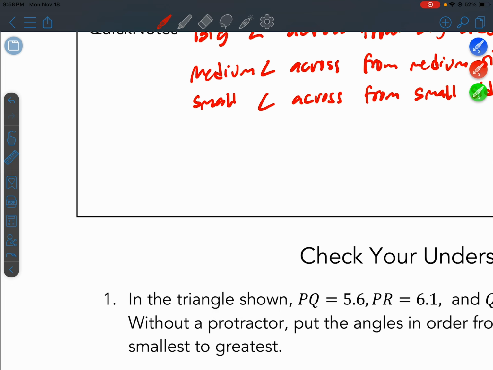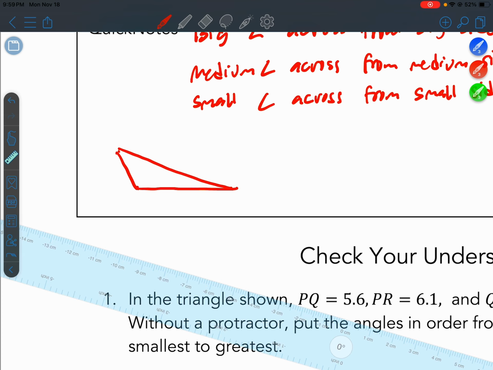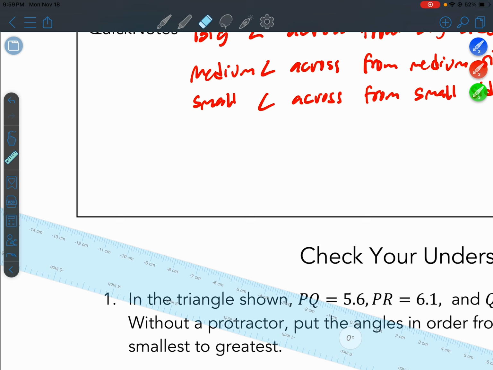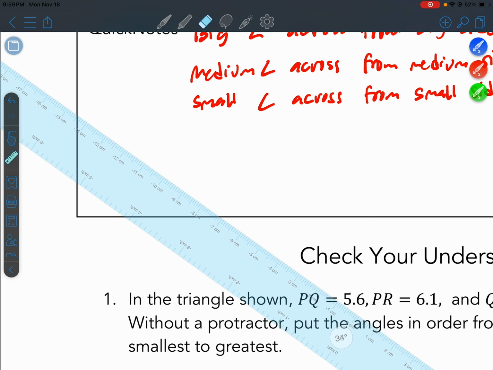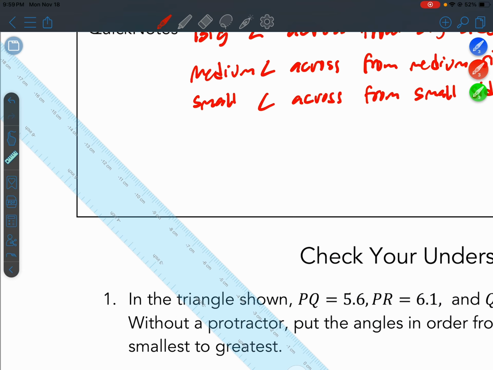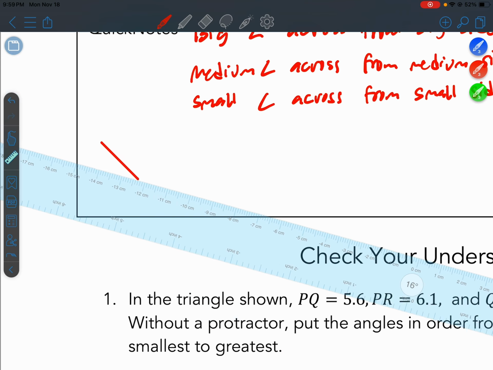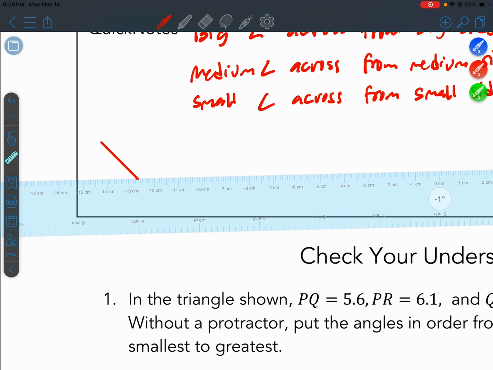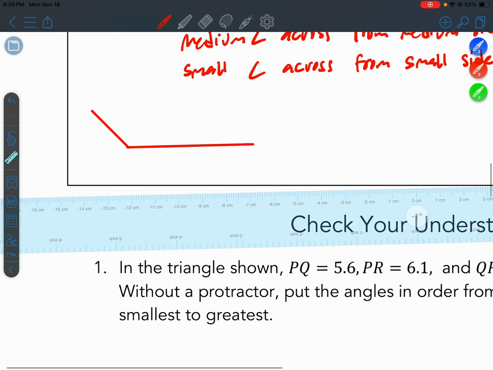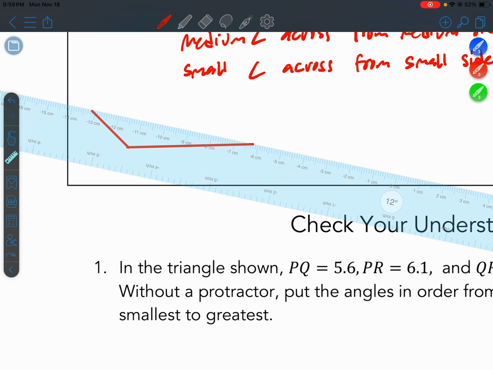Okay. So we're going to go ahead and draw. Small, medium, and large. That's horrible. Let me redo that. Okay. Small, medium, and big.